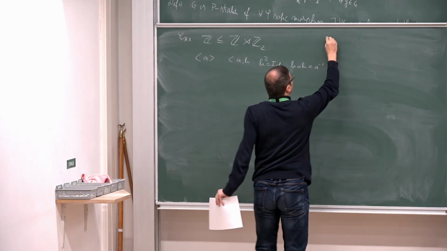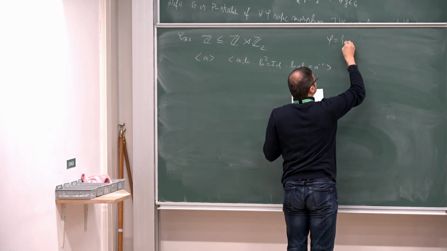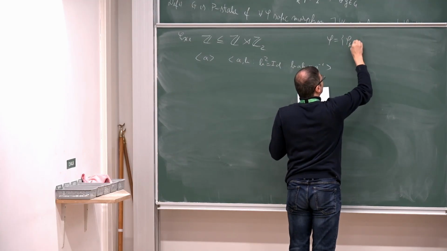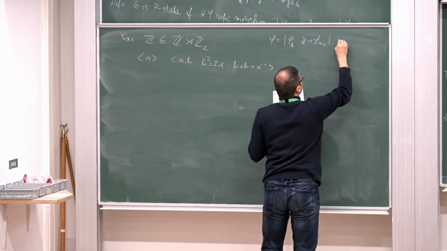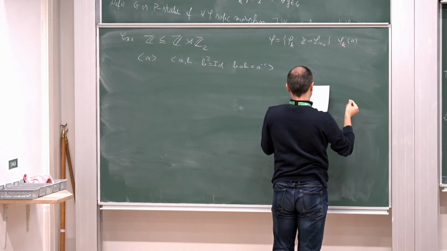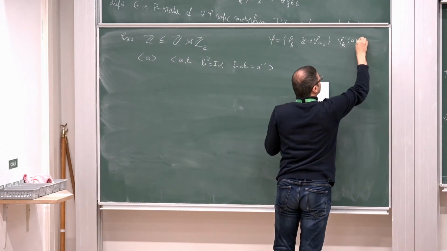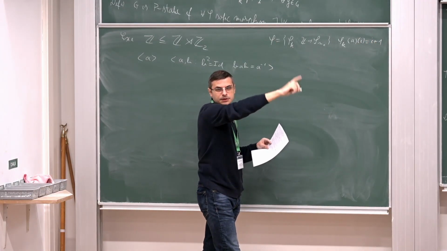And phi is just the largest cycle. So phi_k from Z to S_{nk}, phi_k of a of i is i plus 1, modulo nk. So the largest cycle.